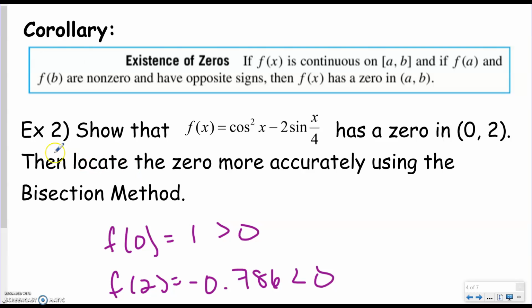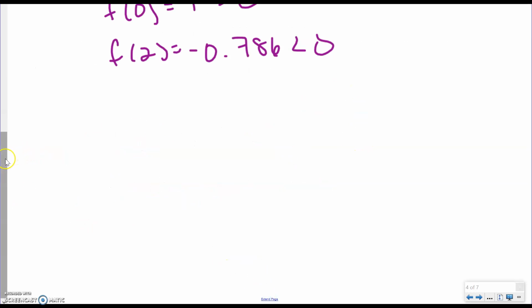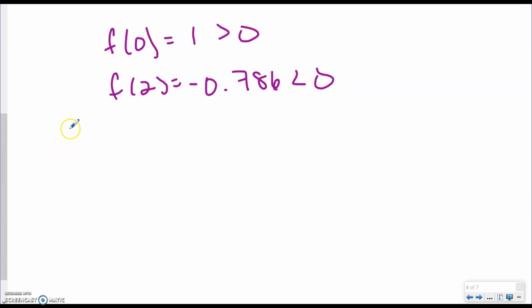So this guarantees that we have a 0. We're going to break these intervals in half to see what happens here. So from 0 to 1, and we're going to test those endpoints, and then from 1 to 2, and test those endpoints, and see what happens.